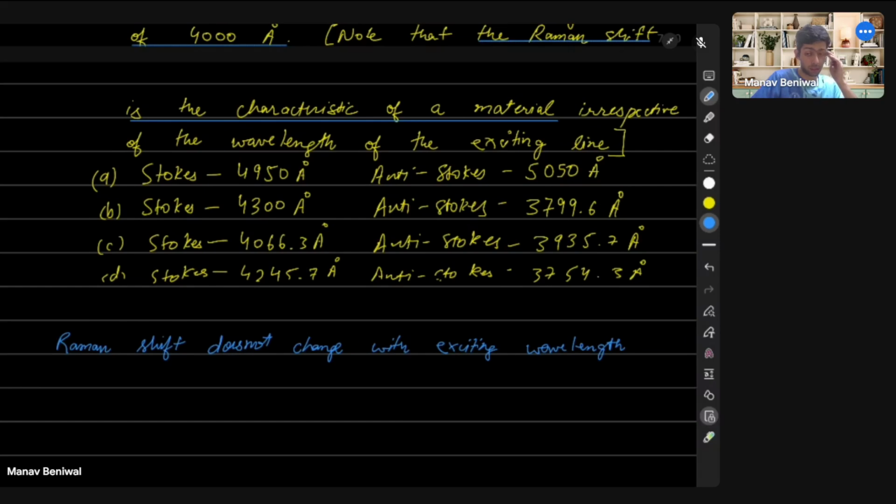So we are given two exciting wavelengths. Lambda E1 is given to be 4900 angstroms and lambda E2 is given to be 4000 angstroms. No matter which wavelength we are using, Raman shift will not change. So let's find out the Raman shift for the first case, and then we'll use the same Raman shift to find the Stokes and anti-Stokes line in the second case. That is the strategy.